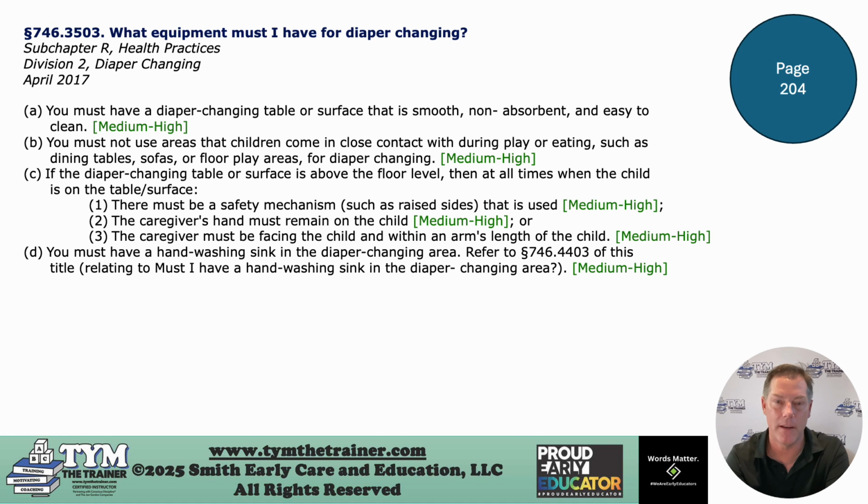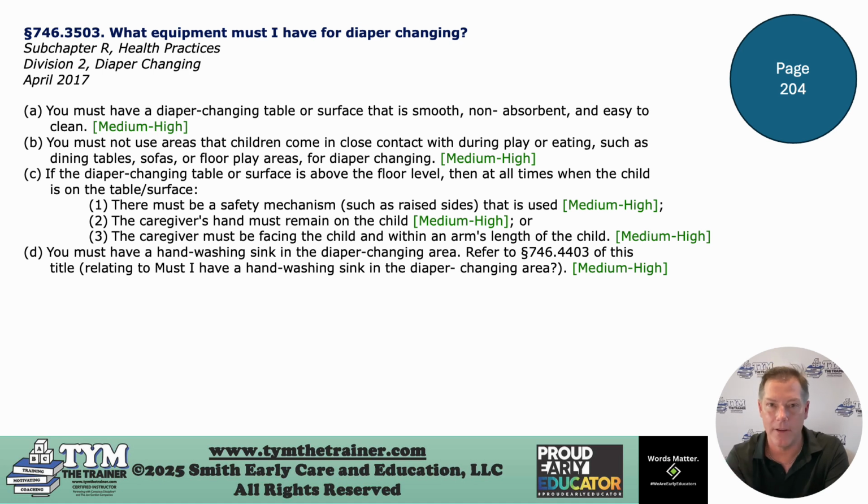On the equipment that is used for diaper changing, your diaper changing table or surface is smooth, non-absorbent, and easy to clean. It can't be an area of the classroom that children come into close contact with, such as play areas, eating areas, dining tables, sofas, basically any of those types of areas.